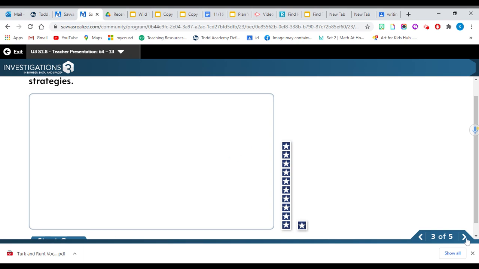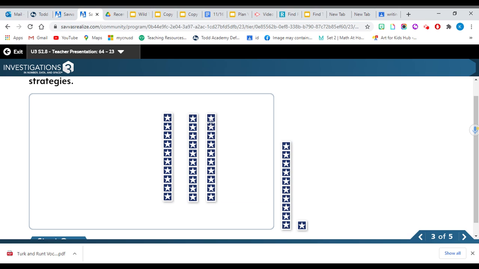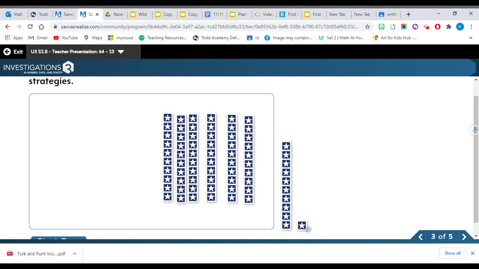All right, this one just shows it with the stickers. So it's the same thing. 64: 1, 2. See how these strips are like the 10 trains. 3, 4, 5, 6, and then 64. There's our singles: 1, 2, 3, 4.